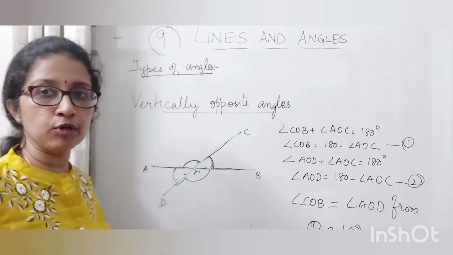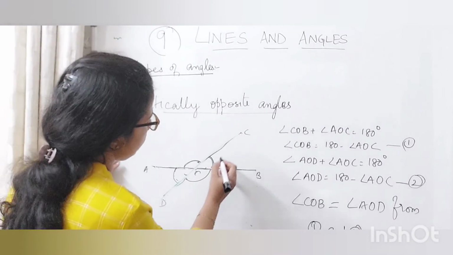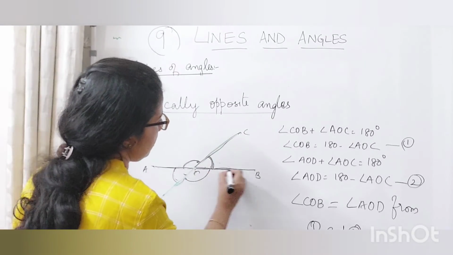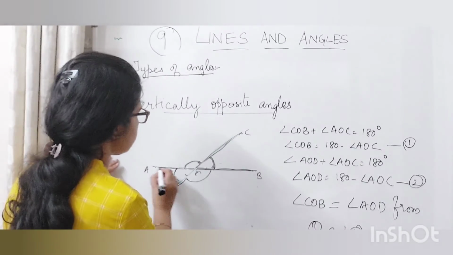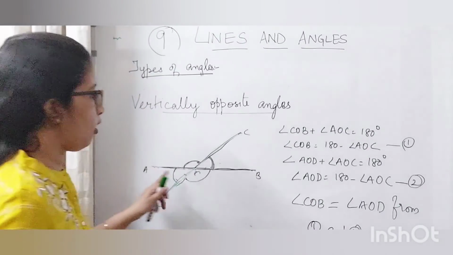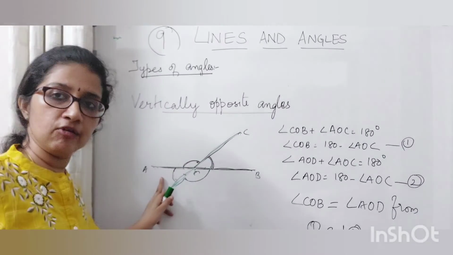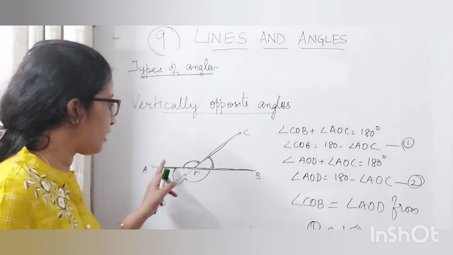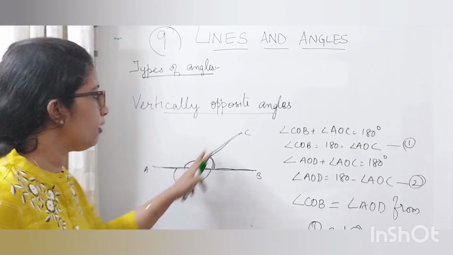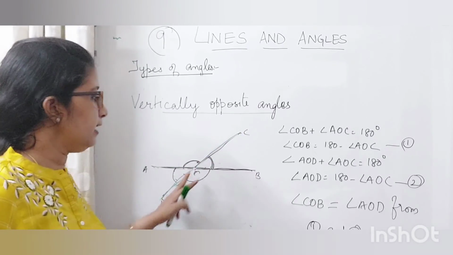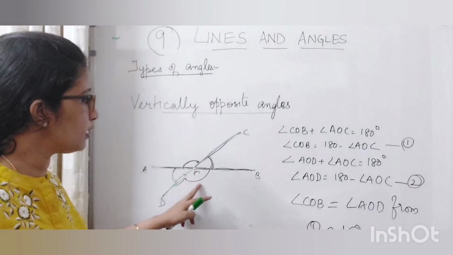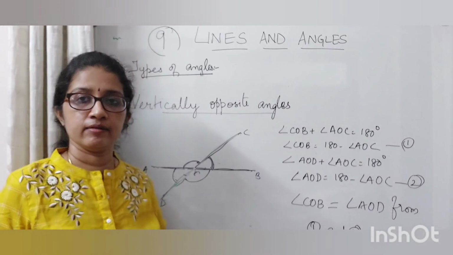Now that is what we have to prove, right? Angle COB is this angle. Angle AOD is this angle, which are vertically opposite angles. Now we have proved that vertically opposite angles are equal. So in a similar way, we can prove that angle AOC is equal to angle DOB. They are also vertically opposite angles.